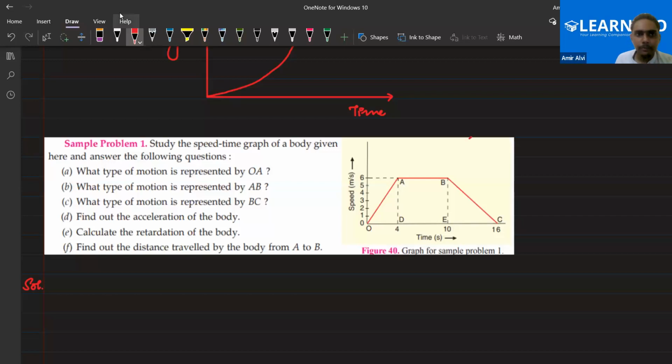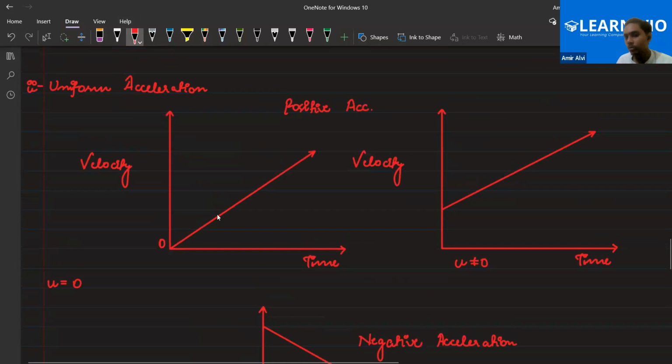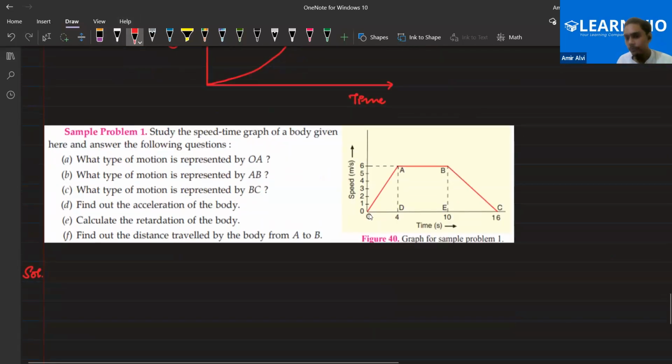Okay, let's analyze this. The graph is going in the upward direction. It means this is a positive accelerated motion, with the speed time graph going upward, starting from zero, from the origin. So this is positive acceleration having initial velocity zero. After point A to B, the graph is parallel to the time axis.